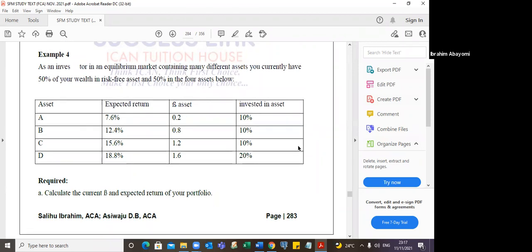Now look at question 3. You are going to compute this for me. As an investor in an equilibrium market containing many different assets, you currently have 50% of your wealth in risk-free assets and 50% in the 4 assets below. We have assets A, B to D, with expected return, beta, and investment in assets.